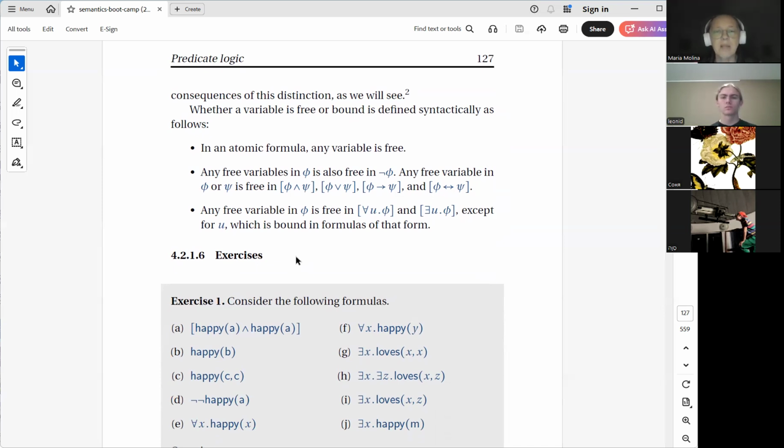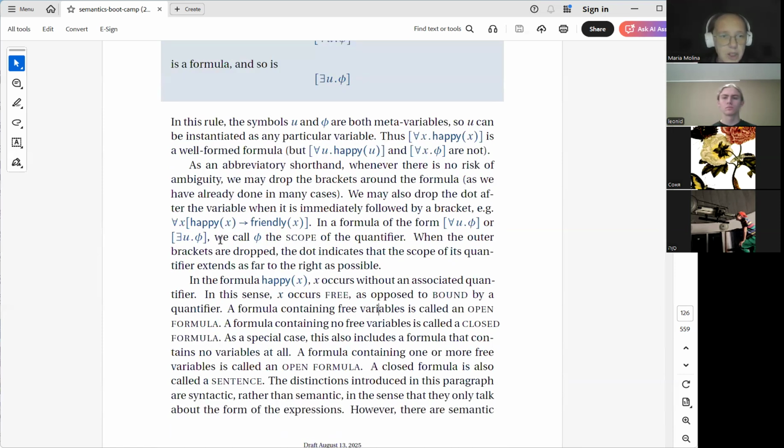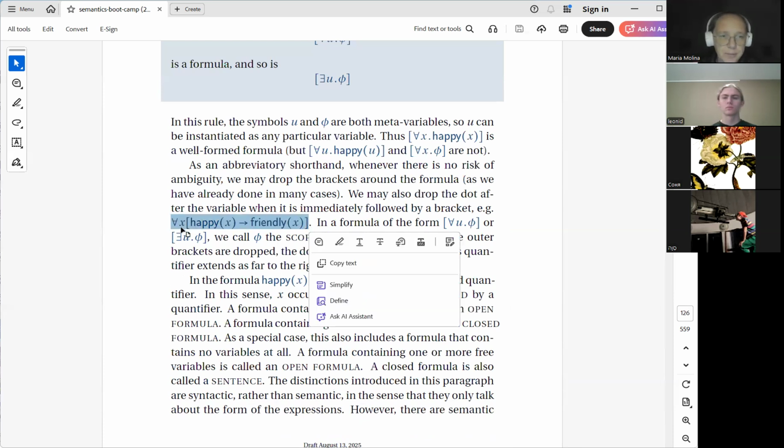And a quantifier binds only that variable that stands in the formula. So in the expression universal quantifier x, happy x, friendly x, x is the bound variable.